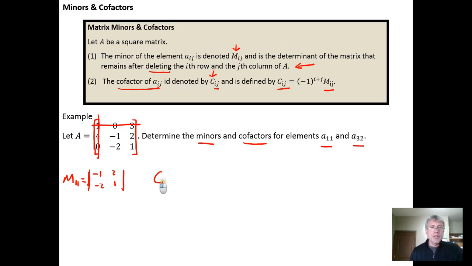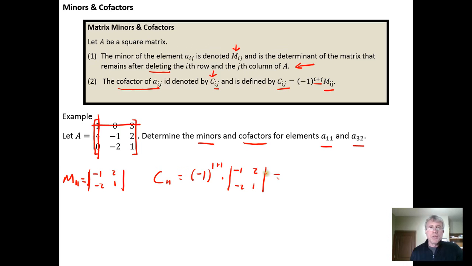And then the cofactor of 1, 1 would simply be take -1 and raise it to the I plus jth power. So in this case we would go -1 to the 1 plus 1 power times the determinant of -1, -2, 2, 1.